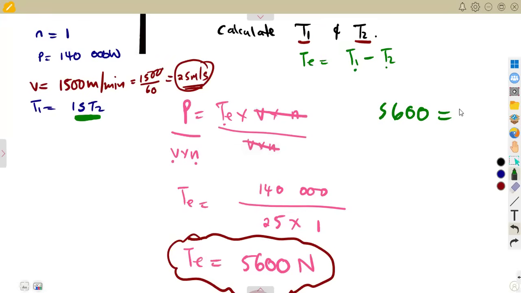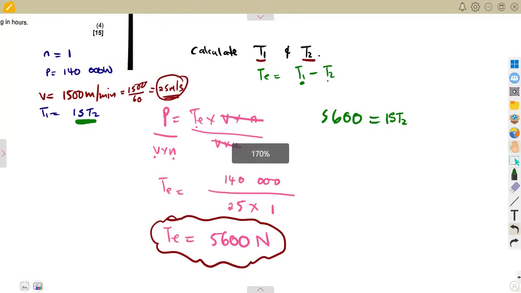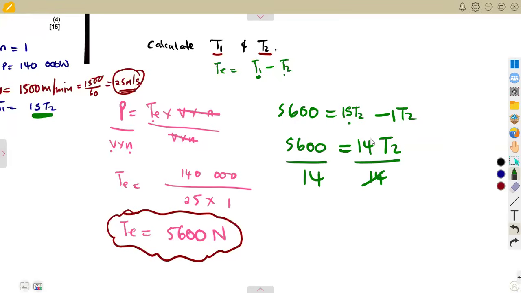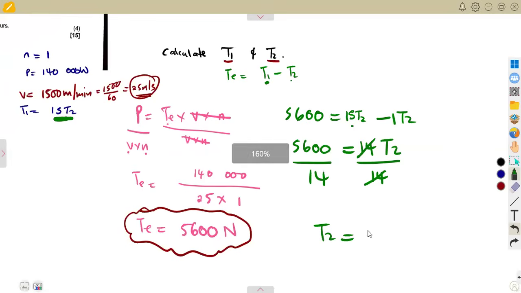So in place of T1 we substitute the equivalent, 15 T2 minus T2. So 5,600 is equal to 15 minus 1, which is 14 T2. Dividing by 14 on both sides, we obtain T2, which gives us 400 Newton.